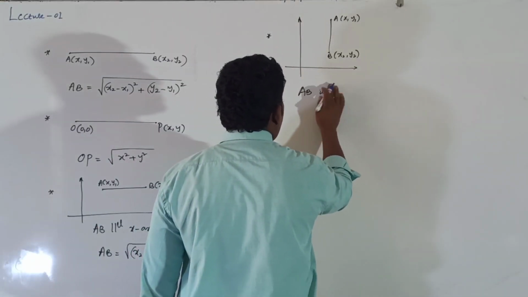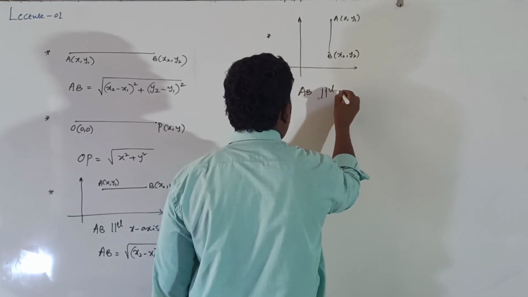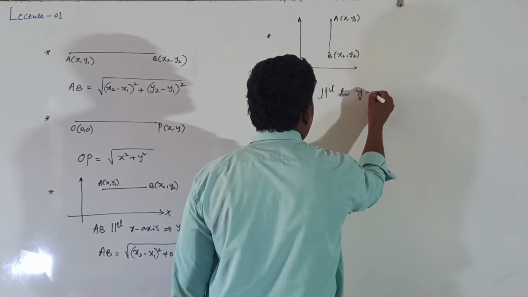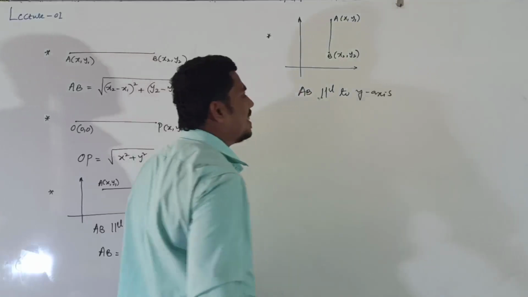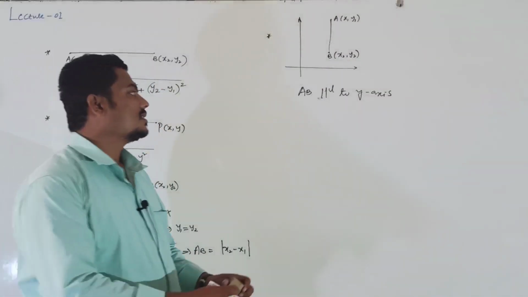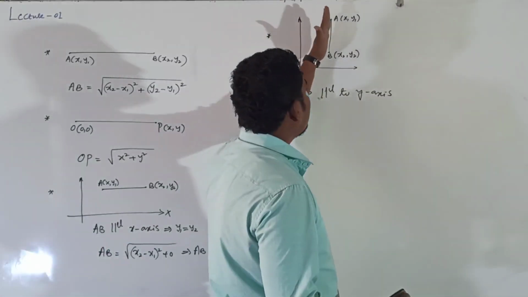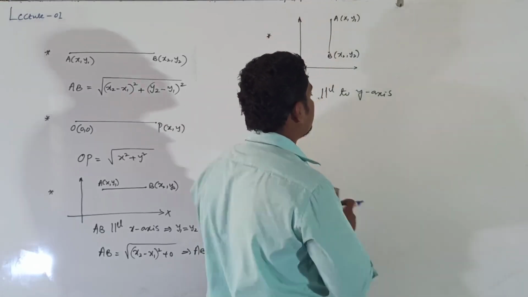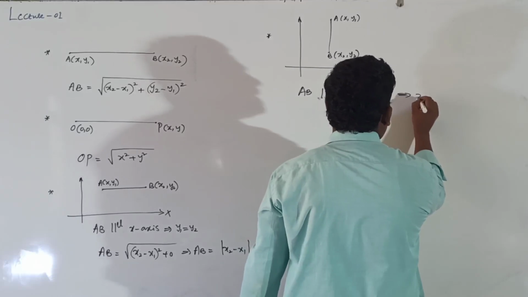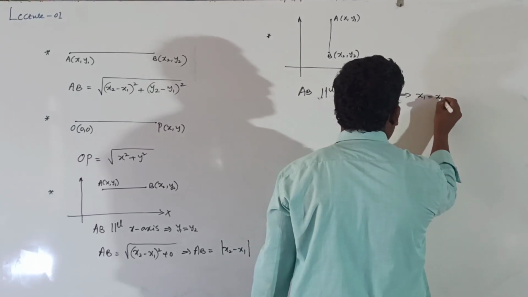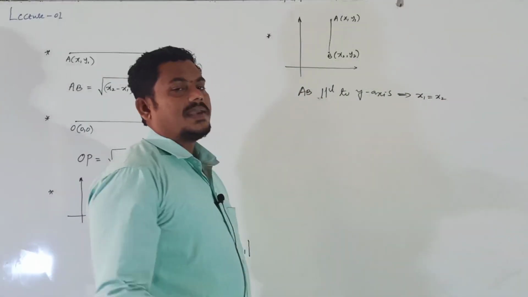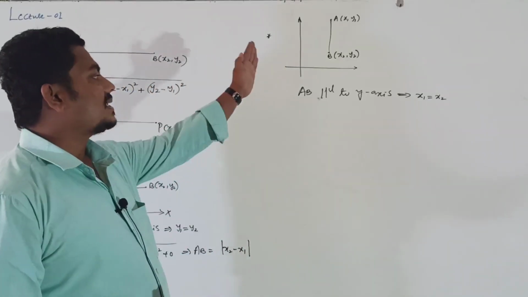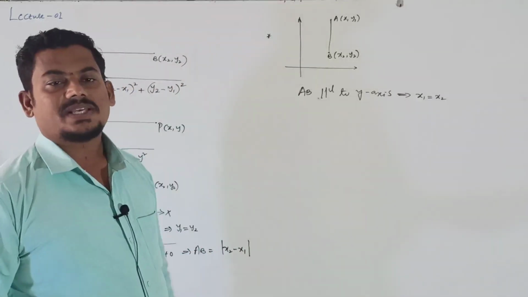AB is parallel to y-axis. If AB line is parallel to y-axis, then what happens? Clearly x coordinate remains same, implies x1 is equal to x2, right?